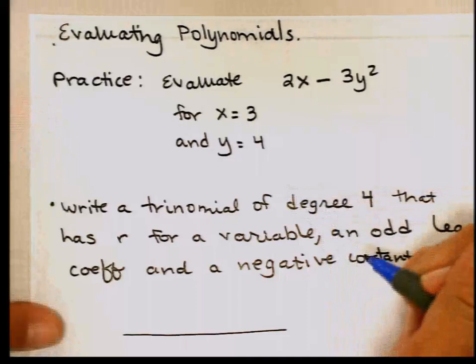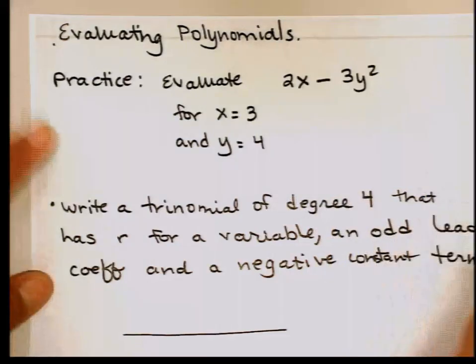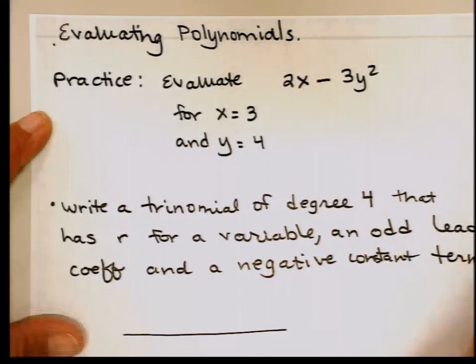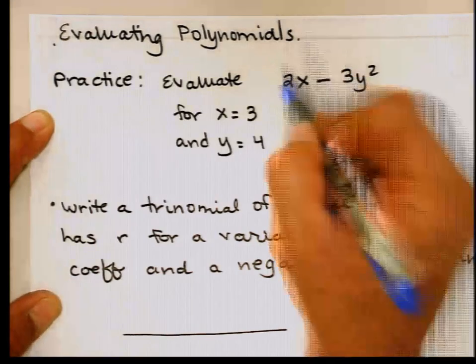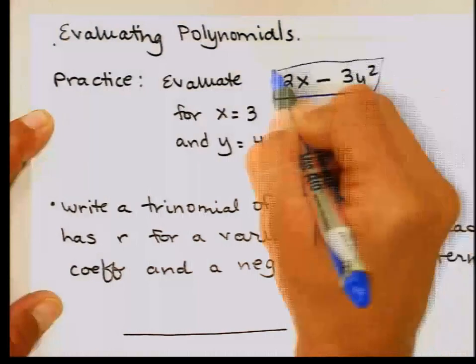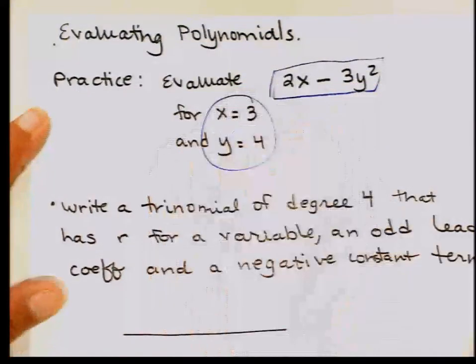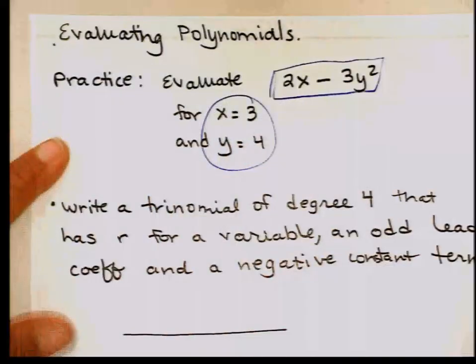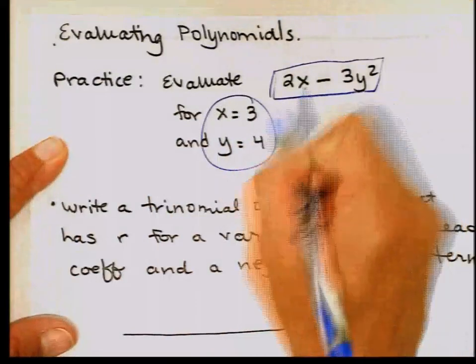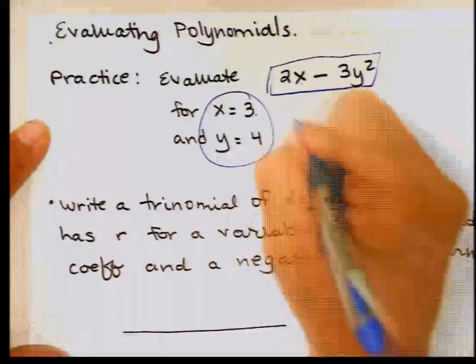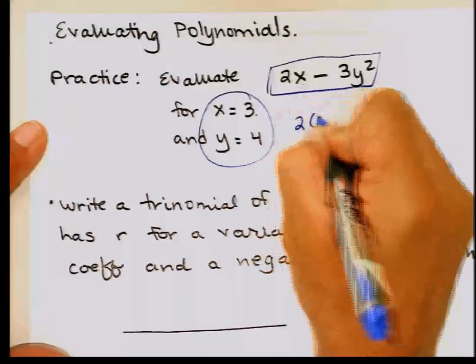It's pretty intuitive, and then we just need to be careful with our order of operations. What do you think I mean when I say evaluate this expression, this polynomial, for these values? Exactly. We just substitute. So wherever I have an x, I'm going to replace it with the number 3. So I have 2 times x, so that just means 2 times 3.